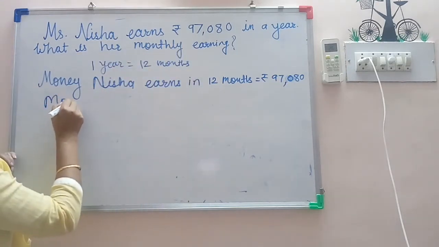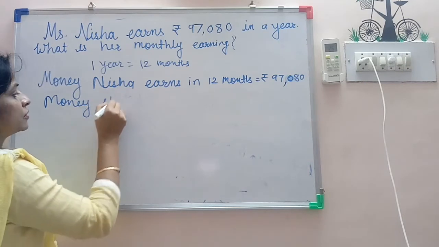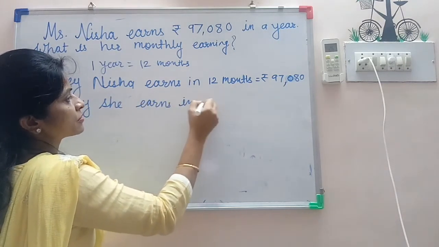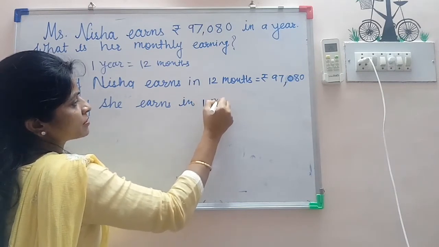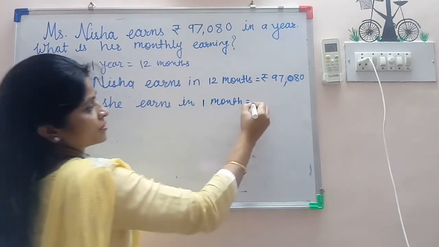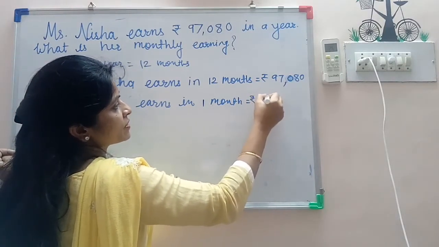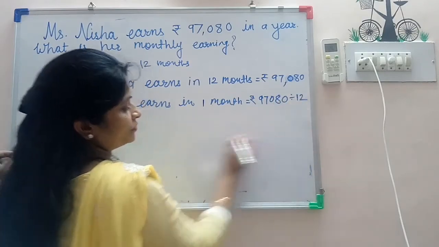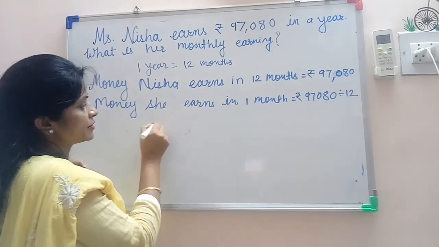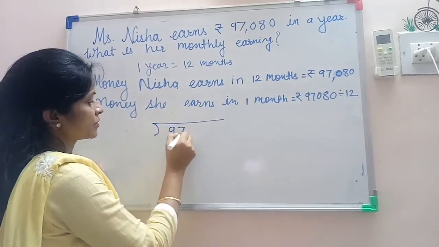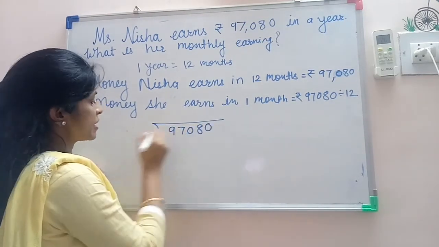Money she earns in 1 month. That means rupees 97,080 divided by 12. We will start dividing that. 97,080 divided by 12.